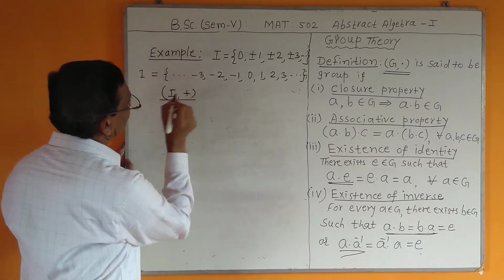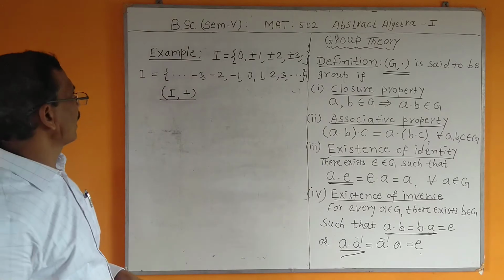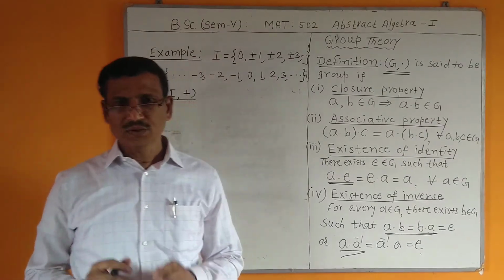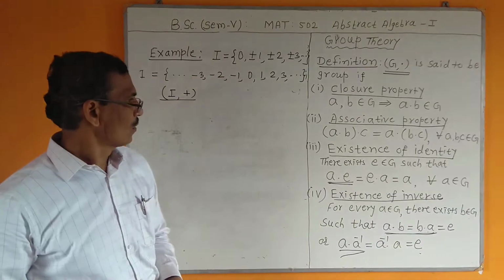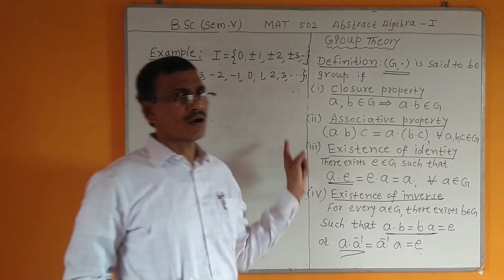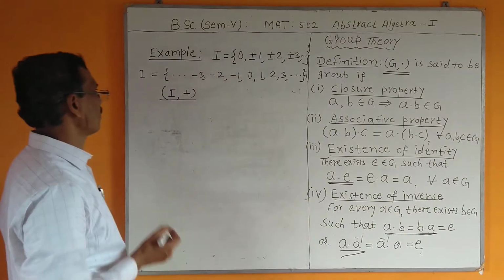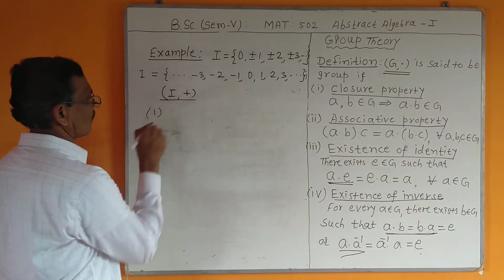Then the algebraic system becomes (I, +), and we shall show that this (I, +) is a group. To show that (I, +) is a group, we have to verify that all these 4 conditions are satisfied. We shall see these one by one. First, the closure property.